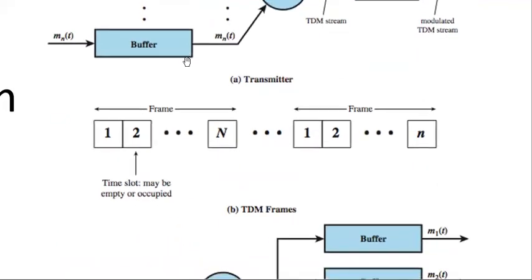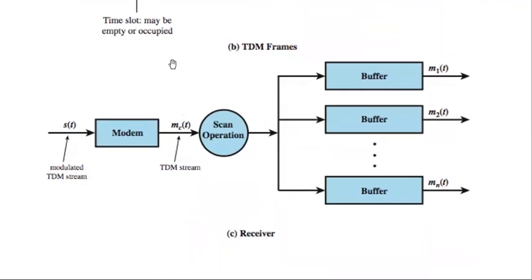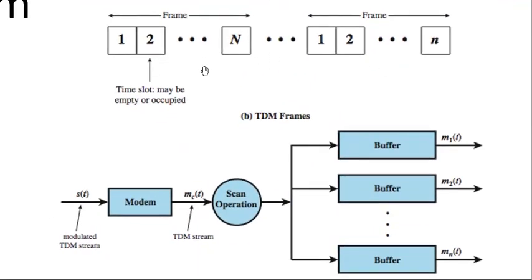The data are organized into frames, and each frame contains a cycle of time slots. In each frame, one or more slots are dedicated to a data source. The sequence of slots dedicated to one source from frame to frame is called a channel.